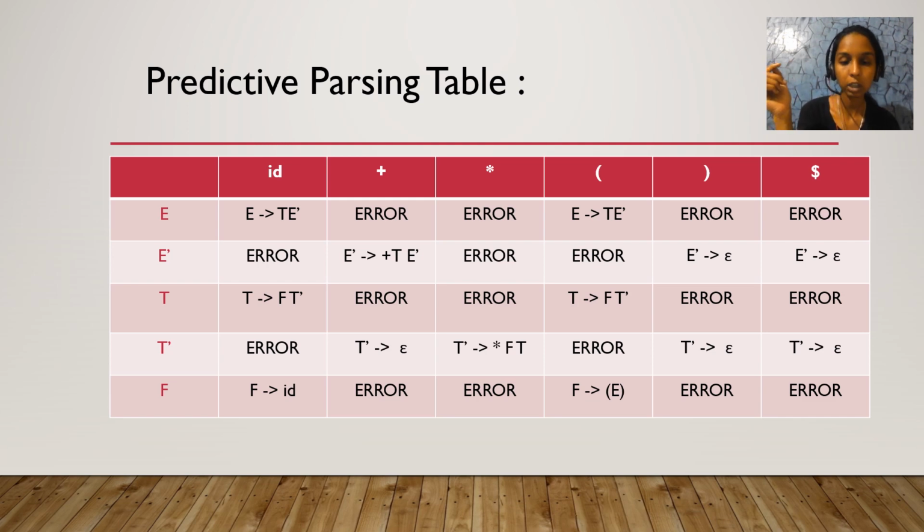Follow of T dash is plus, dollar and close parenthesis. So in those columns you represent T dash tends to epsilon. And then F tends to ID, and F tends to open parenthesis E close parenthesis. So this is about the predictive parsing table.